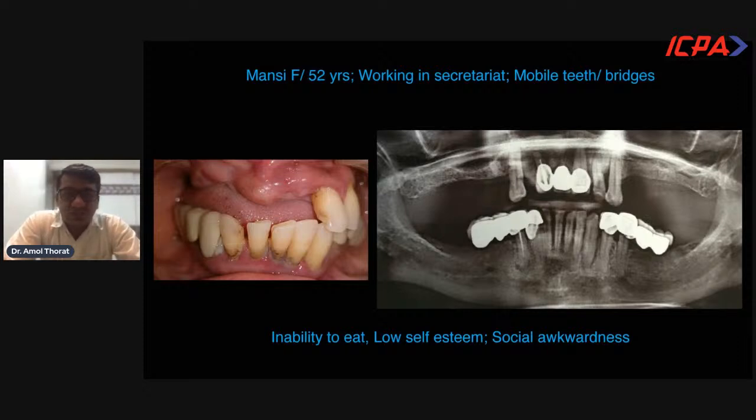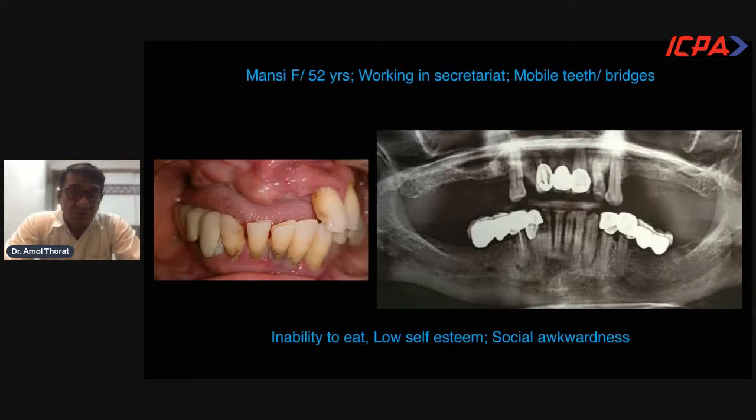This case was done in 2017. The patient had the problem of inability to eat, low self-esteem, and because she was a government officer, she said it becomes so awkward. I have not laughed for many months now. That's the social awkwardness she was facing.